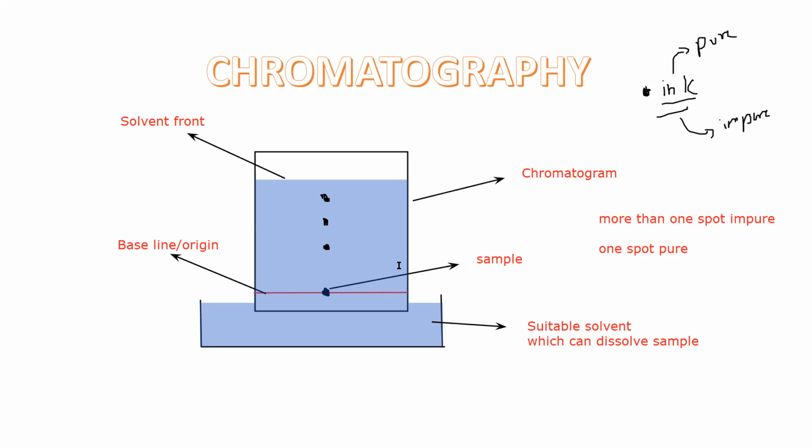If we see more than one spot, it means the substance is impure. Is it clear? The concept of chromatography. It is normally used to identify whether colors, dyes, inks are pure or impure.